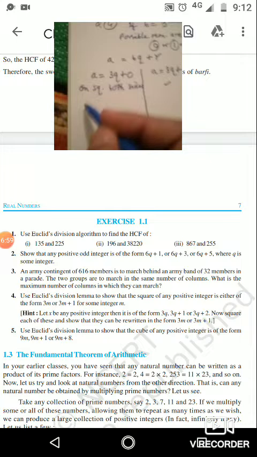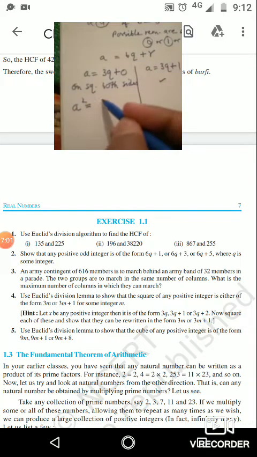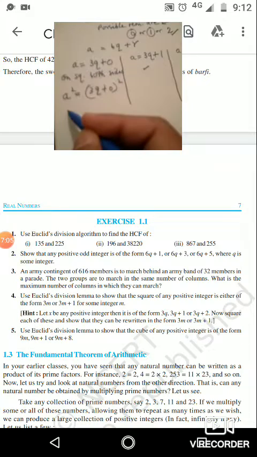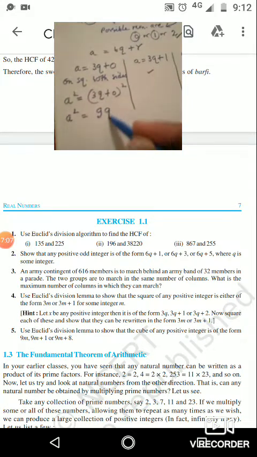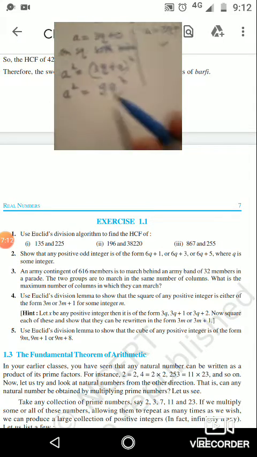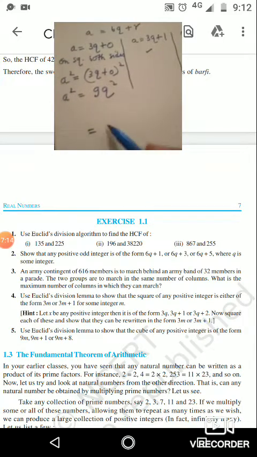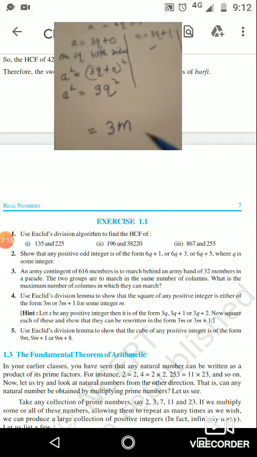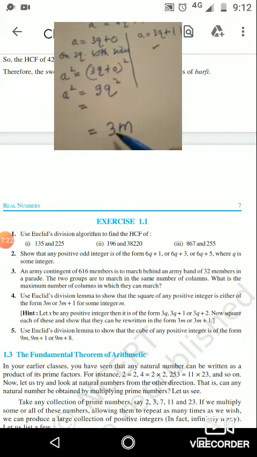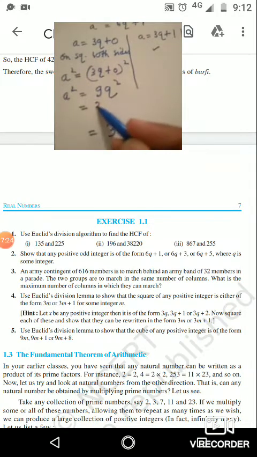So you can see a square and here 3q plus 0 whole square. A square is 9q square, and here we have to prove this one is in the form of 3m. So for making 9q square into 3m, first we will take 3 as common.